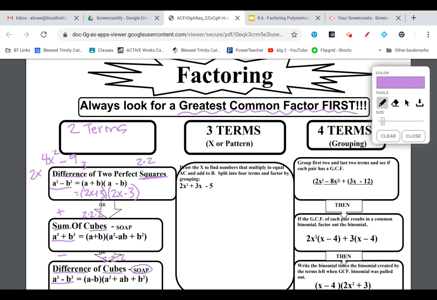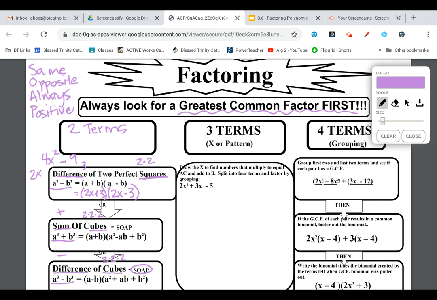You're going to want to write this down somewhere. SOAP stands for same, opposite, always positive. That rule applies to your signs.